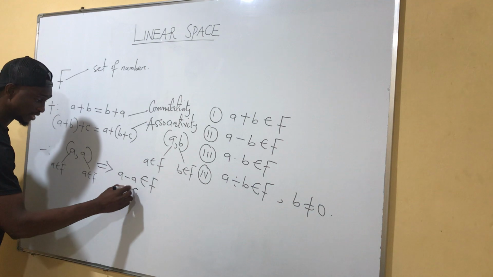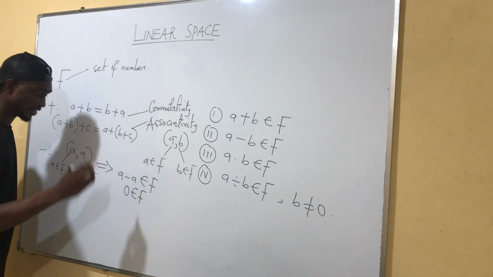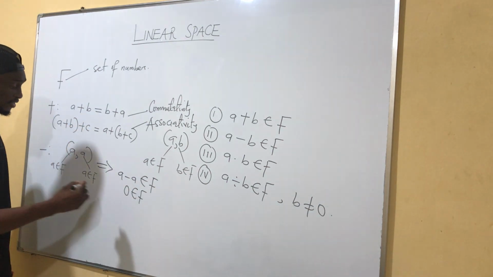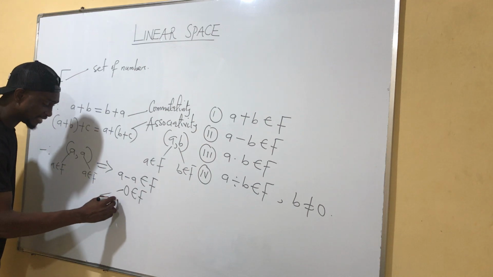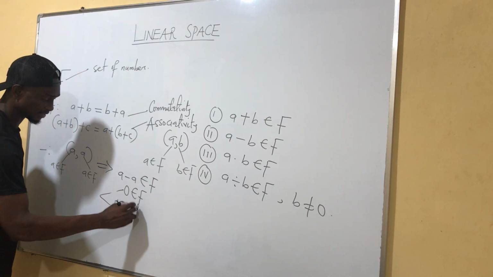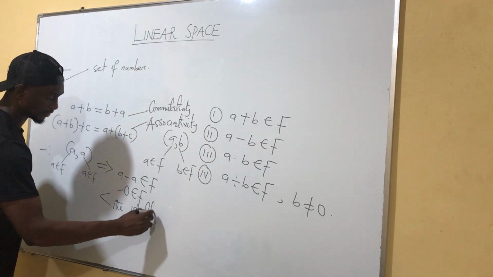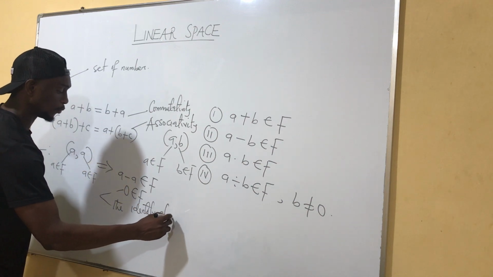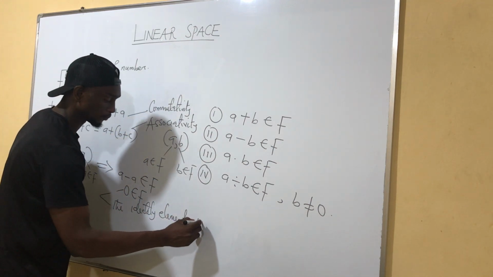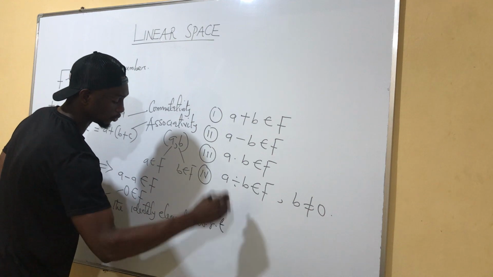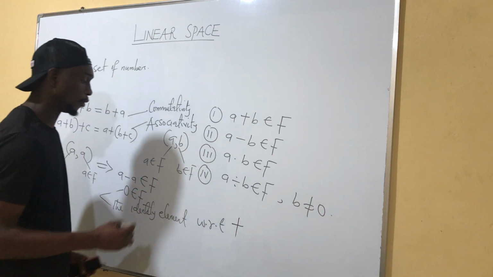This implies that 0 is an element of F. And what is 0 called? 0 is called the identity element with respect to the additive operation.